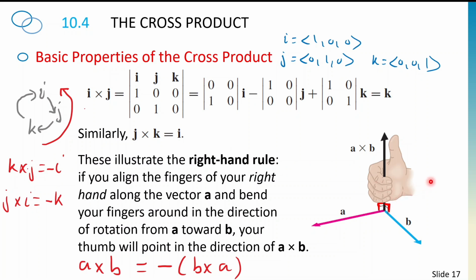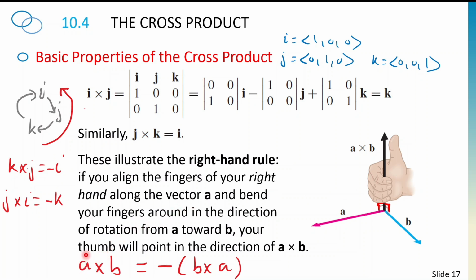If I use my right hand, I align my fingers towards the direction of A, and then bend the fingers toward B. Then the thumb will always be in the same direction as the cross product. It's usually used to find forces, the resultant of the forces. So it's really important in your physics courses.